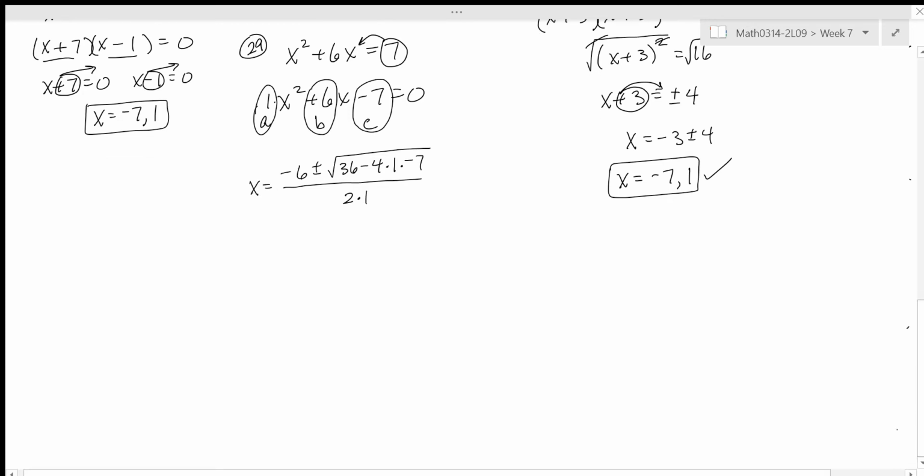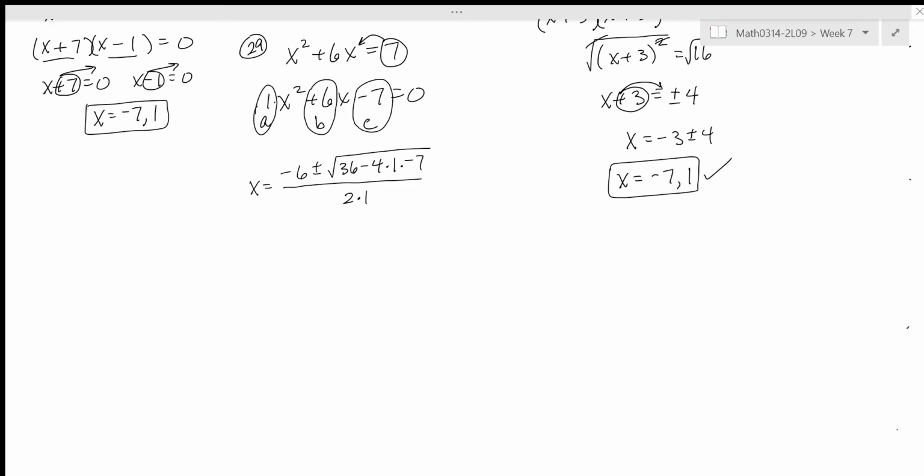What's the last part? It says 36 minus 4 times 1 times negative 7. Is there an easier way to put that? No, because that's the formula. Okay, I know what you're saying now.